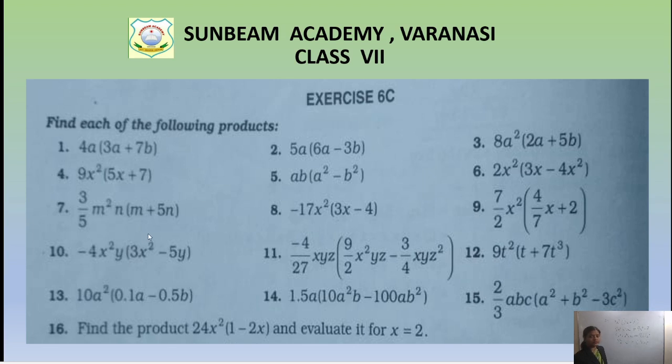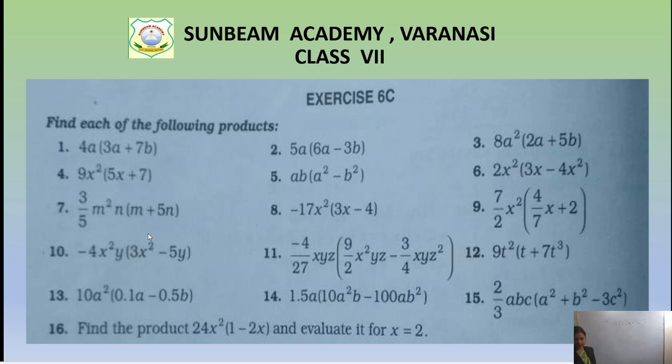Question number 6. Write down question number 6. In question number 6, 2x square, then in a bracket it is 3x minus 4x square.